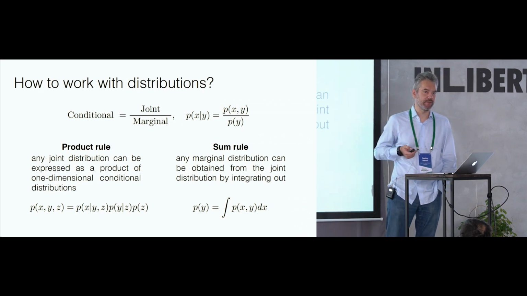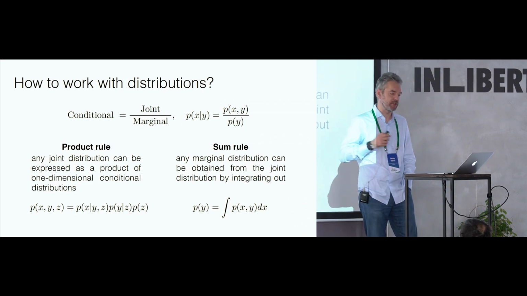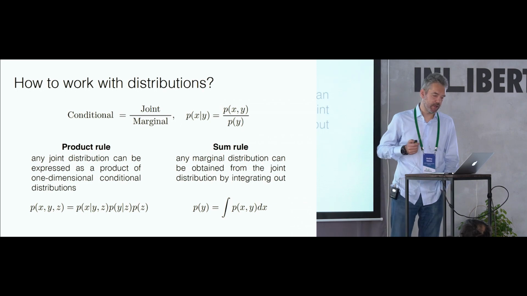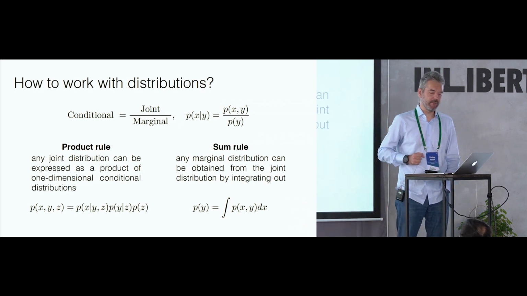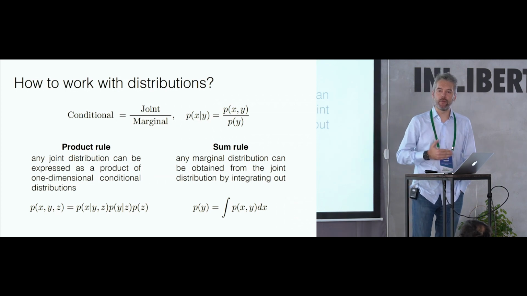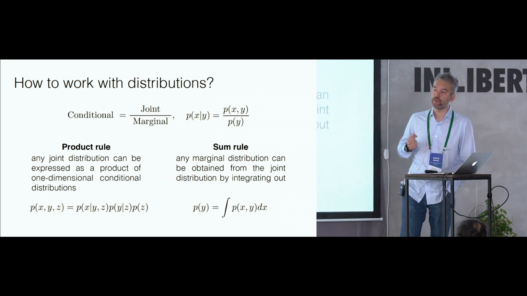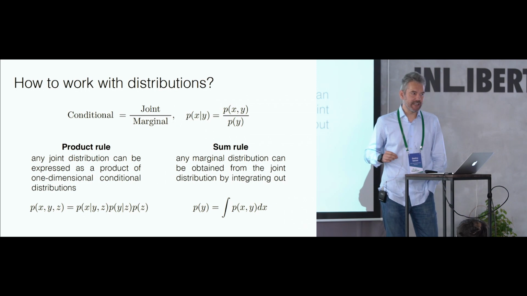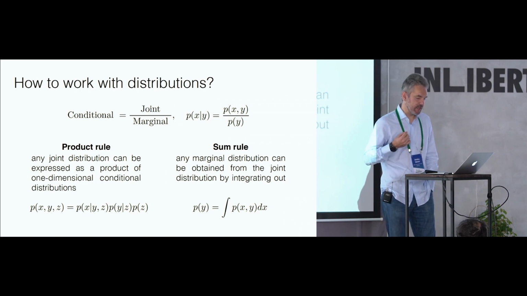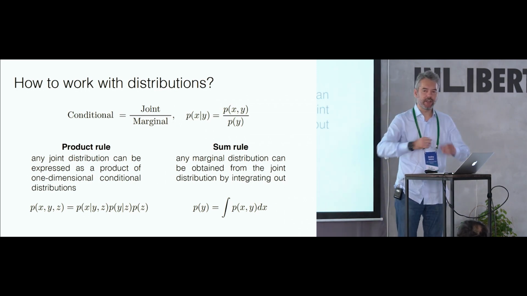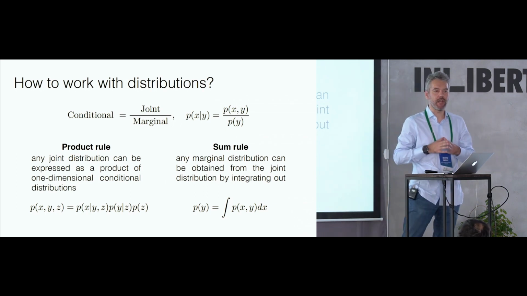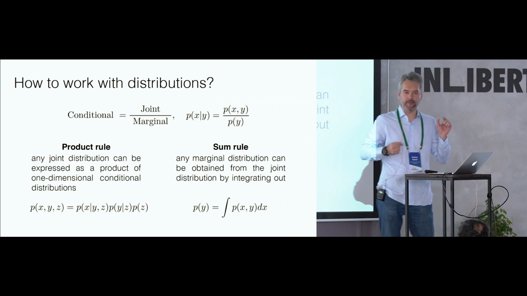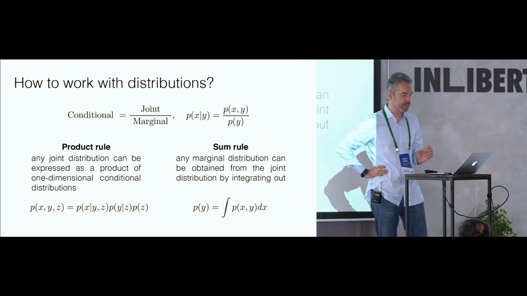By definition, this is simply the ratio of the joint distribution over the marginal. In mathematical form, the conditional distribution of x given y is simply the joint distribution P of x,y over the marginal distribution P of y. The interpretation is pretty simple. The conditional distribution shows how the distribution over x has changed after we have observed the y variable, the particular value of y.